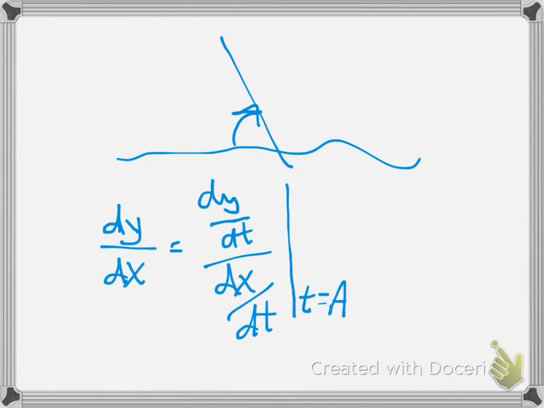And all that means is you're going to take a and plug it into dy over dt, and then plug it into dx over dt and get the answer. And if you do this, you get negative 19.21913.